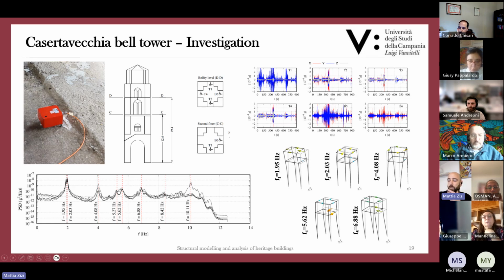We recovered some accelerations, some displacements of these points, and by means of some mathematical elaborations, we understood how the tower behaves under external loads, and this is actually called operational modal analysis that gives us very interesting information in order to calibrate numerical models and to perform the structural assessment of the tower.